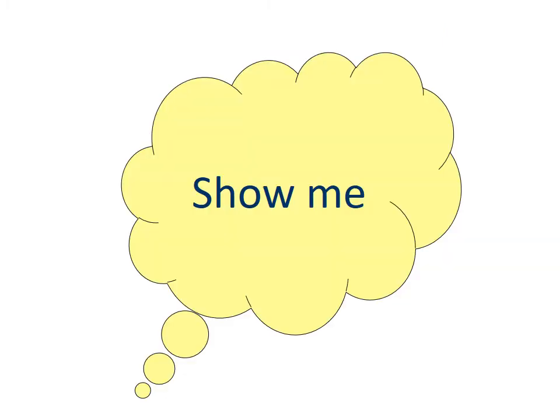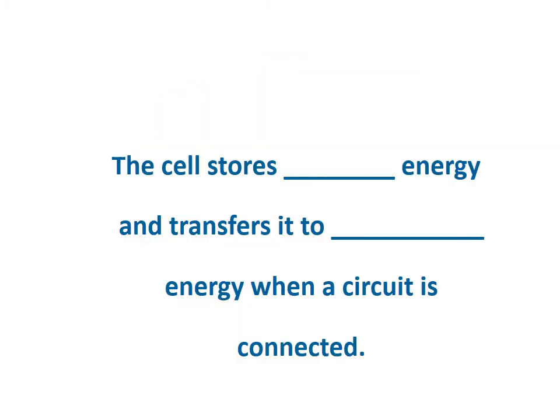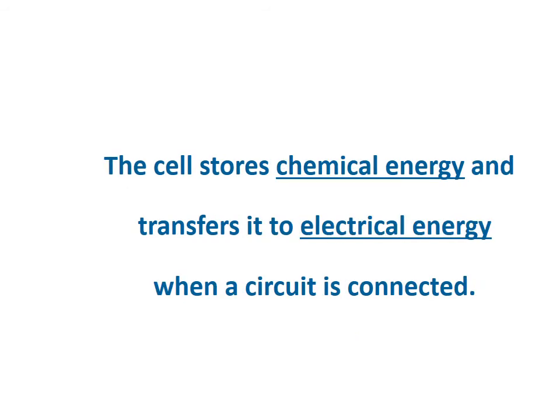Let's do some questions now. The cell stores what kind of energy and transfers it to what kind of energy when a circuit is connected? The cell stores chemical energy and transfers it to electrical energy.